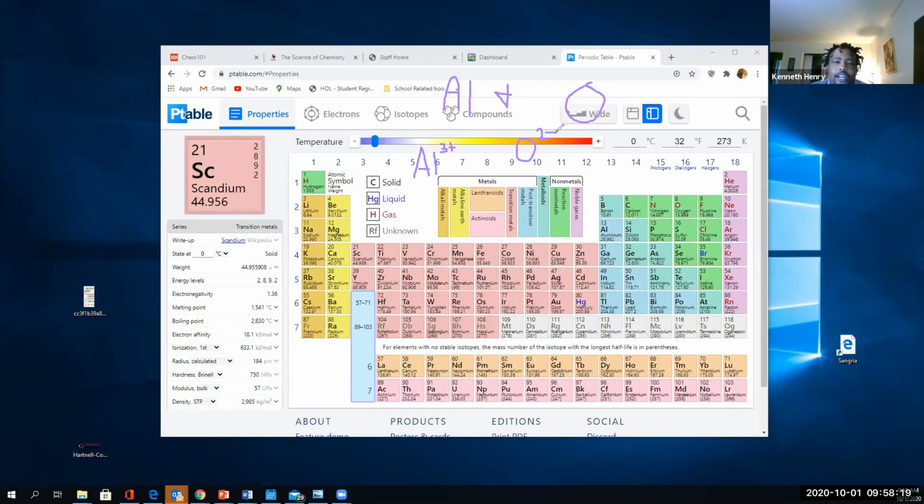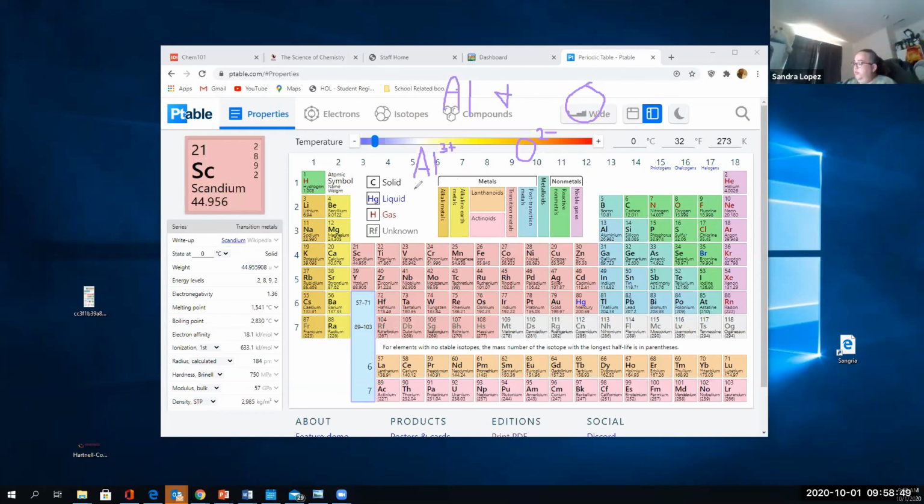Okay, so now we got the charges. So then what are we going to do? Balance them out. Okay, so how do we balance them out? How many of these guys will we need and how many of these guys will we need? Three. 3 of what? Do I need 3 of both of them?